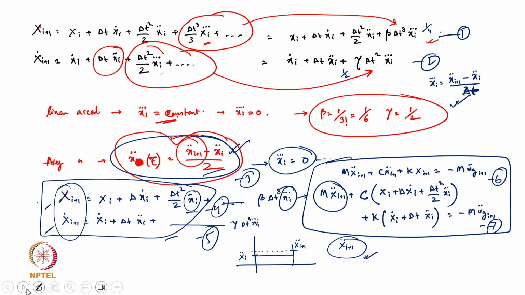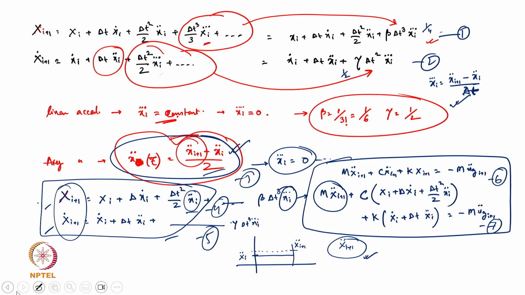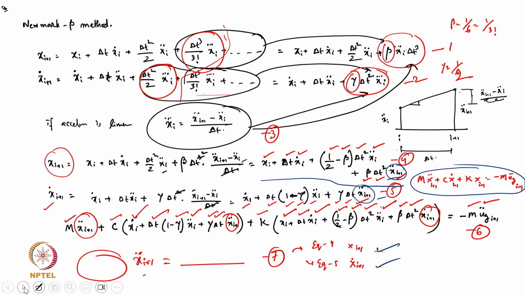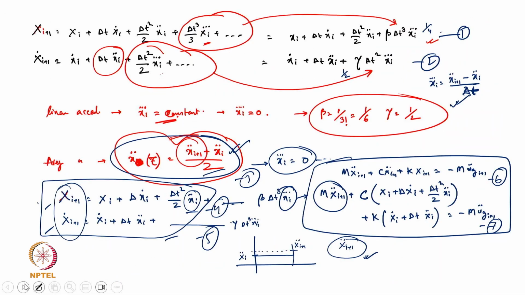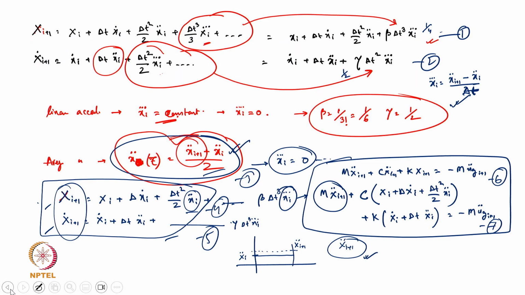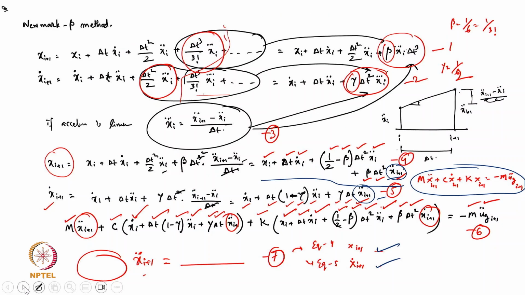So you can see that once we are solving it, xi plus 1 is equal to how much? xi plus delta t into xi dot plus half minus beta into delta t square into xi double dot plus beta into delta t square into xi plus 1 double dot.